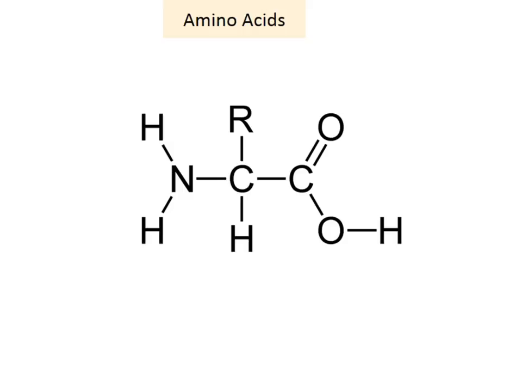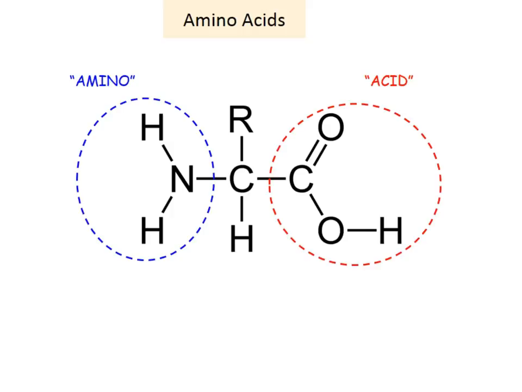Amino acids are called amino acids because they have an amino group, or amine. You see there's a nitrogen there with 3 attached groups, which means it has a lone pair of electrons, which are not shown, but are there. And then there is a carboxylic acid group, COOH group, that is also attached to that central carbon, which is called the alpha carbon.